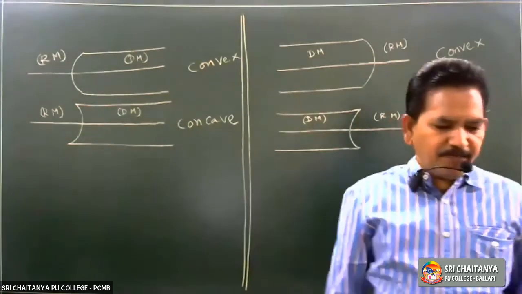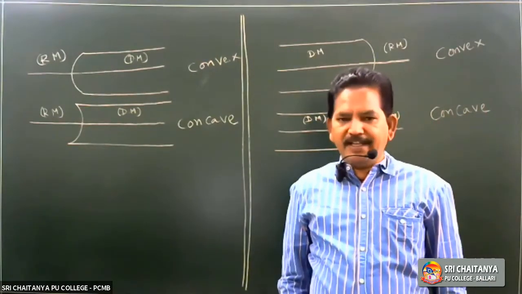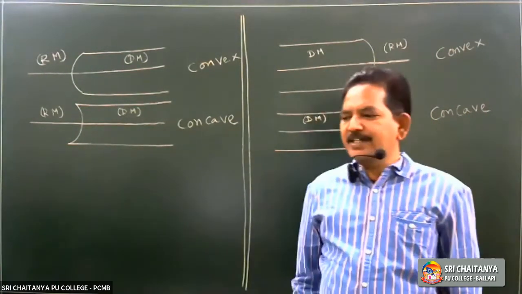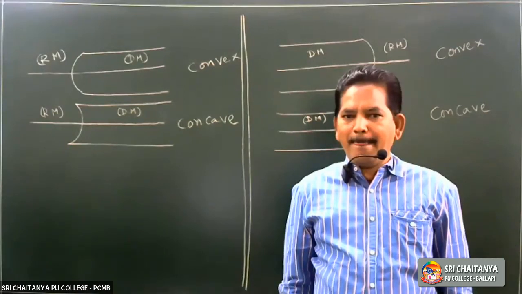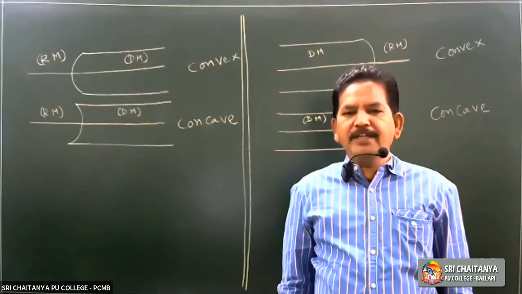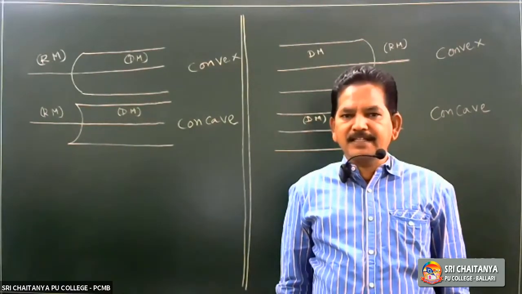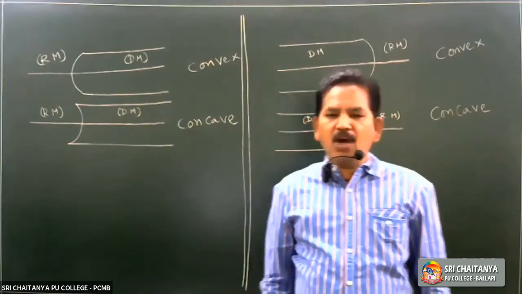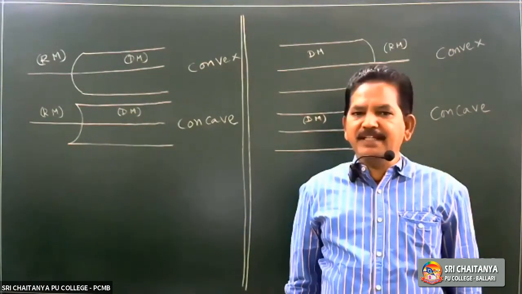Yesterday we derived a formula between the refractive index of the denser medium N2, the refractive index of the rarer medium N1, object distance U, image distance V, and the radius of curvature, which is given by N2 by V minus N1 by U is equal to N2 minus N1 divided by R. Most important derivation: refraction at the spherical surface in case of convex, object in a rarer medium, image in the denser medium.